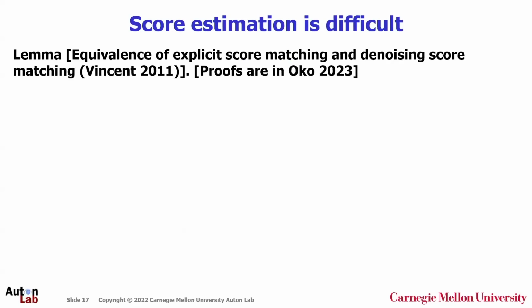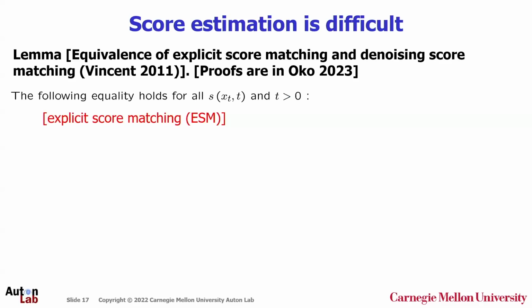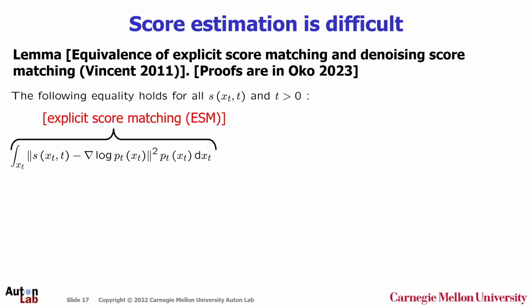And I just want to mention that what saves us here, as was mentioned in the previous talk as well, is this result from Vincent, which looks like this. Our original goal is that we want to estimate the score, this quantity, the gradient of the log of the density at iteration t.